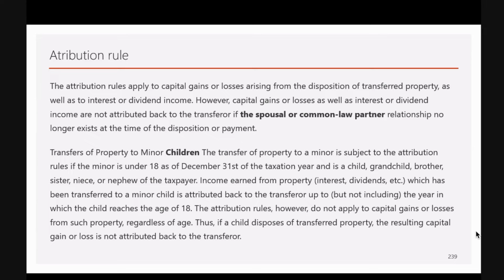But if the employee doesn't want to exercise the stock option and wants to sell the right instead, whatever you sell it for is still your taxable benefit, right? Still your taxable benefit, and you have to pay the tax right away, okay?